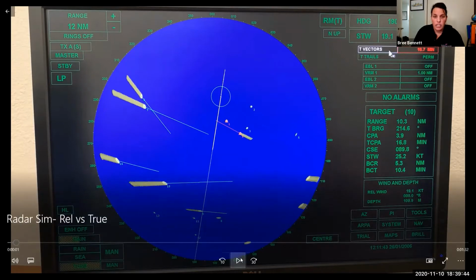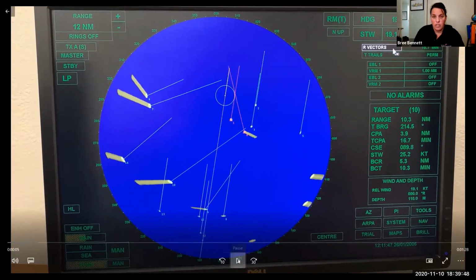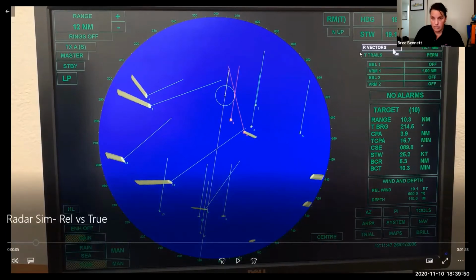But when I change it to relative vectors, so we have R vector, this is your R to M line, your relative motion line. This is going to be their relative motion. So if I continue on my course and speed, these guys over here are going to pass behind me.